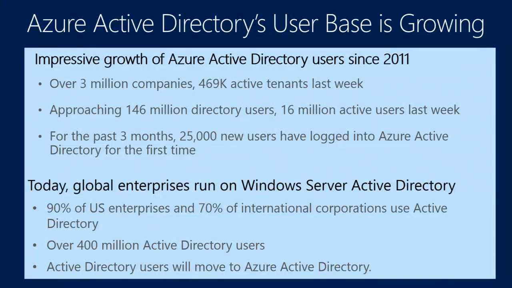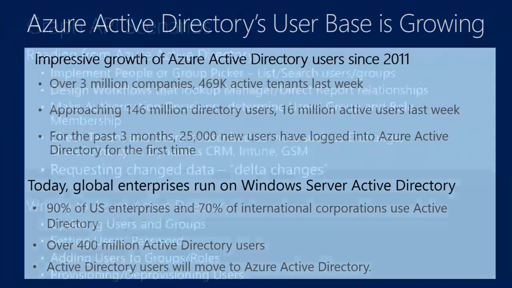And more of these customers that are running on-premise Active Directory are already planning how they're going to get their directory into the cloud. So the numbers, like I said, are going to continue to grow, and we don't see anything but continued progression in this direction. Some segments of the industry and some customer sizes are going to be faster than others, but eventually we believe the majority is going to be out in the cloud as well.